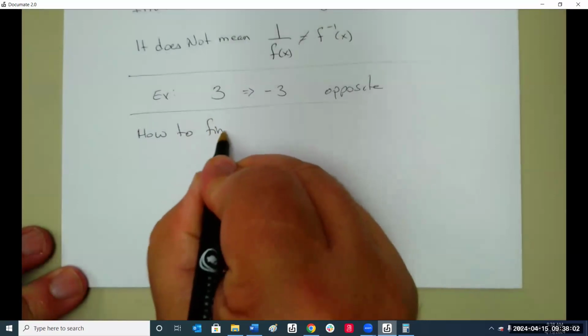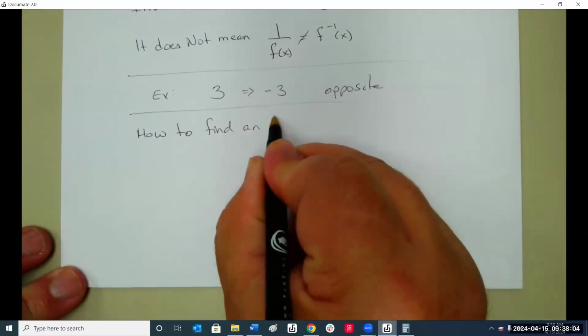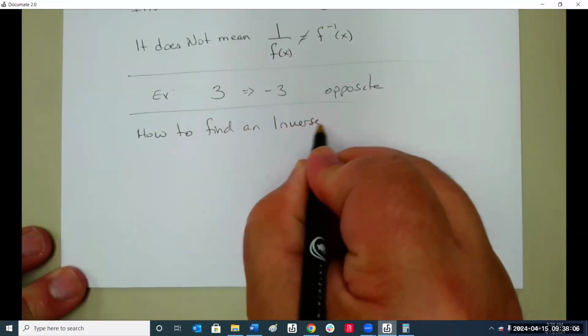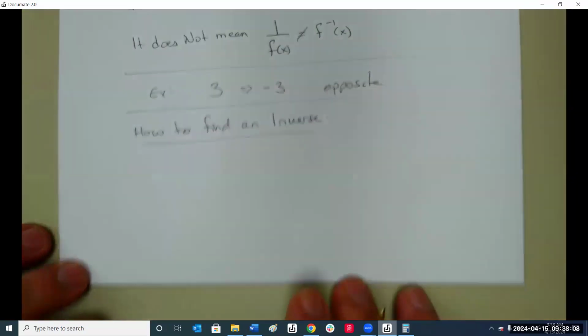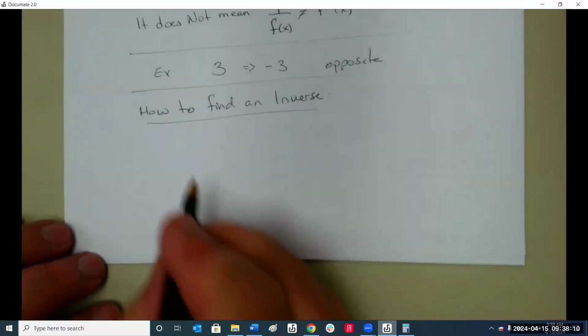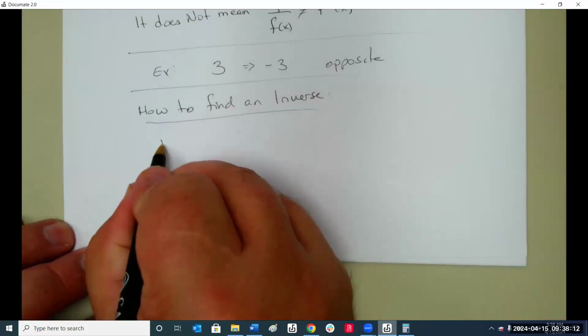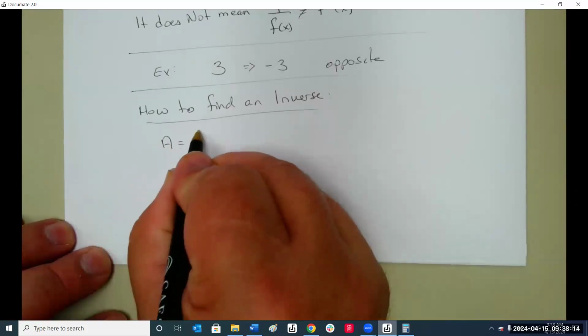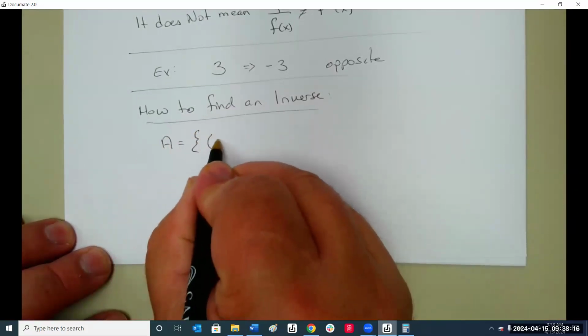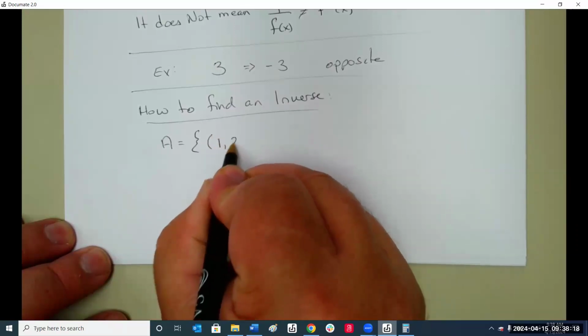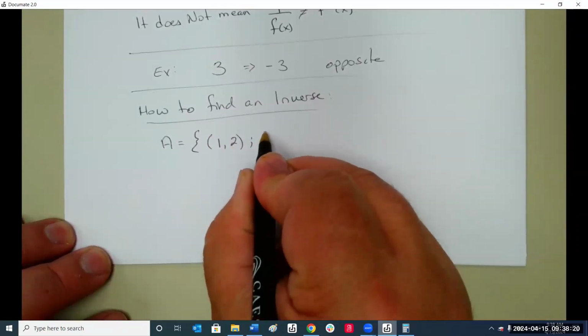How to find an inverse. So first, let's begin by looking at these numbers as a set notation.